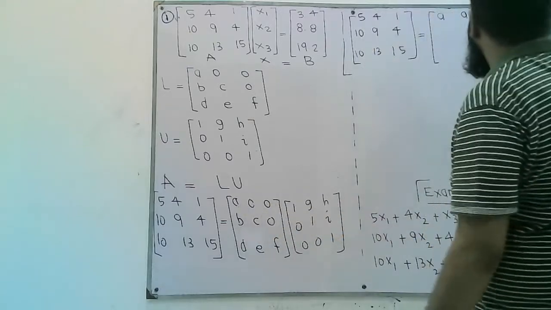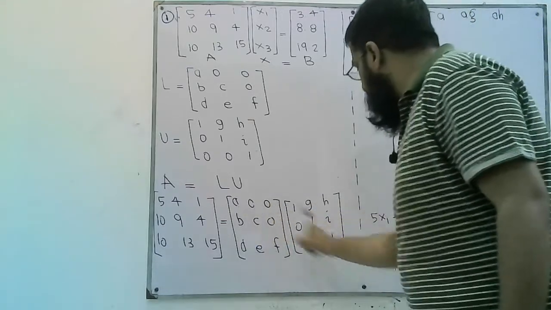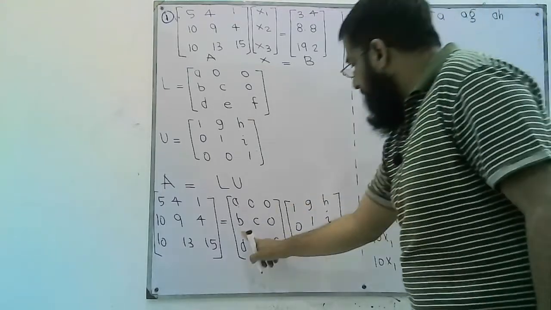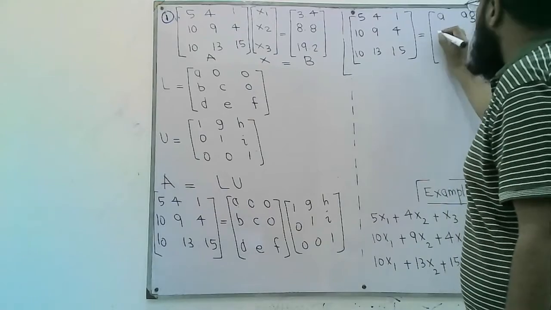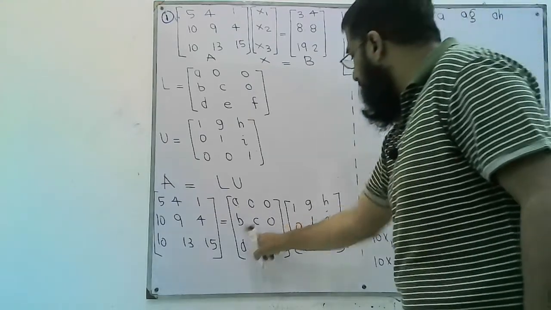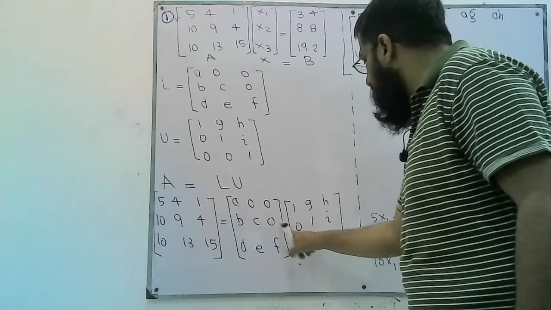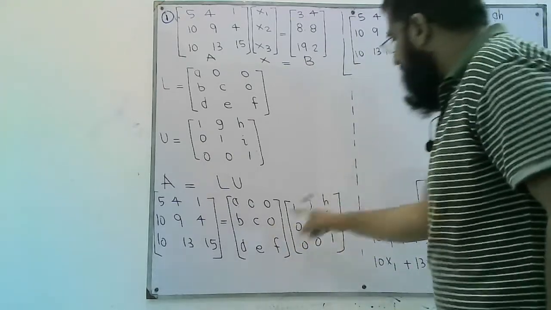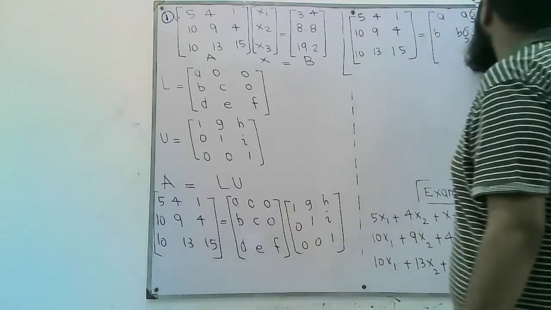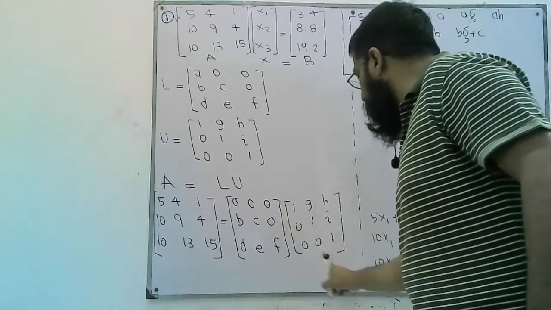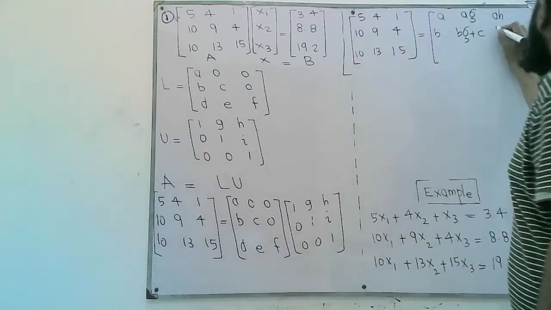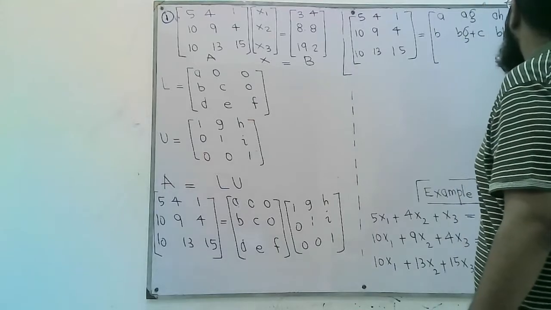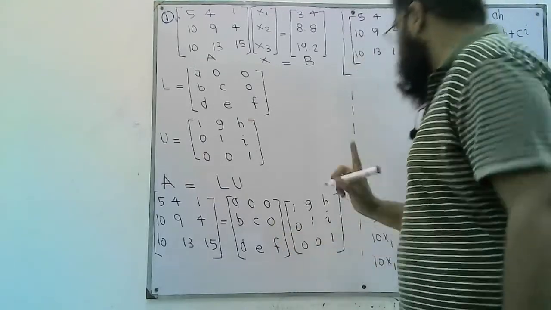A times H plus 0 times I, 0, plus 0 times 1 is a 0, right? B times 1, we are multiplying these two matrices. B times 1, C times 0, 0 times 0. B times G plus C times 1 plus 0 times 0. B times H plus C times I plus 0 times 1 is a 0.